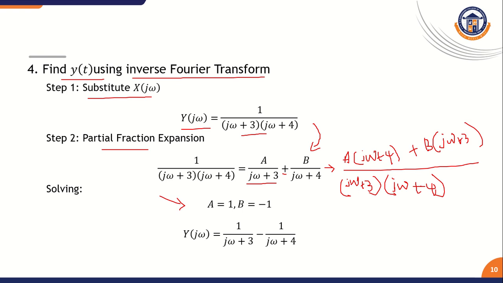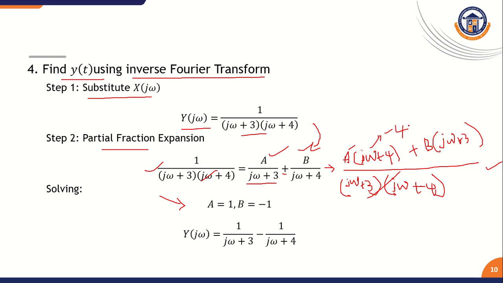From this concept, we have to find the a value and b value. So we now equate this equation and this equation. From this, the denominator term will be cancelled. After cancellation of the denominator, we can find the a value and b value. In this term, substitute j omega equal to minus 4.